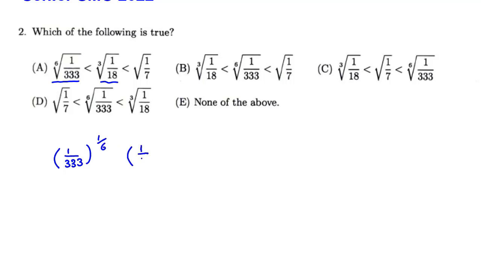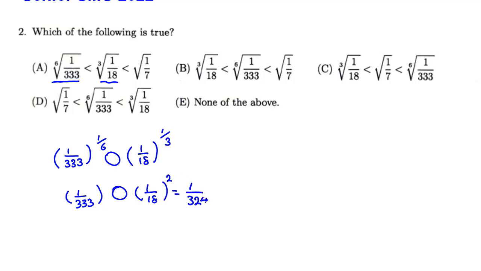And you want to consider this with 1 over 18 to the power of 1 over 3 because it is a cube root. Now you should do something to have equal base or equal power. For this part, I raise both of them to the power of 6. So it will be 1 over 333 to the power of 6, and this one will be 1 over 18 to the power of 2, squared, so 1 over 324.